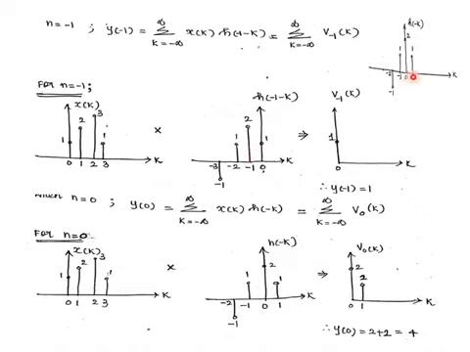So shifting this h of minus k by 1 unit will result in a sequence like this. That is, the sample previously at k is equal to 1 will now be shifted to k is equal to 0, and the sample at k is equal to 0 will be shifted to k is equal to minus 1. Sample at k is equal to minus 1 will be shifted to k is equal to minus 2.